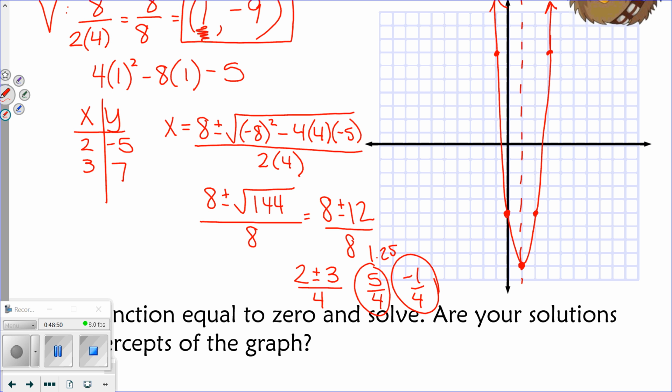All right. How are we feeling with this whole process, though? Does it make sense? Pretty easy. Again, remember the process here is find your vertex, plug in 2 other points. If you mirror them, we're good to go. We can graph. And how do we know if we graphed it right or not? Solve it. Do your answers actually show up if you could draw a straight line on a graph like this? I cannot. Yeah, they do.